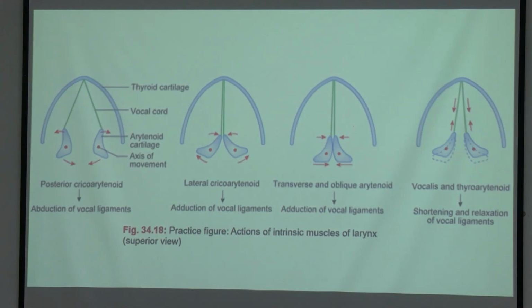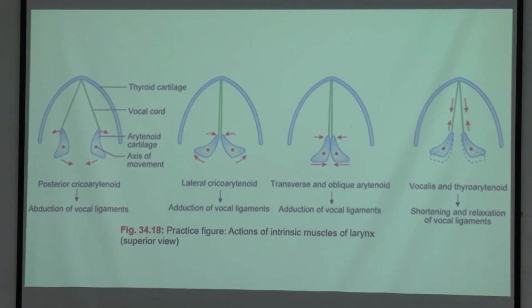This is what I was saying, abduction and adduction. This is the abduction caused by the posterior cricoarytenoid. When it contracts, there will be abduction. We know there are two parts: this is the membranous part and this is the cartilaginous part, and this opening is called the rima glottidis, contributed anterior 3/5 by the vocal fold and posterior 2/5 by the cartilage.